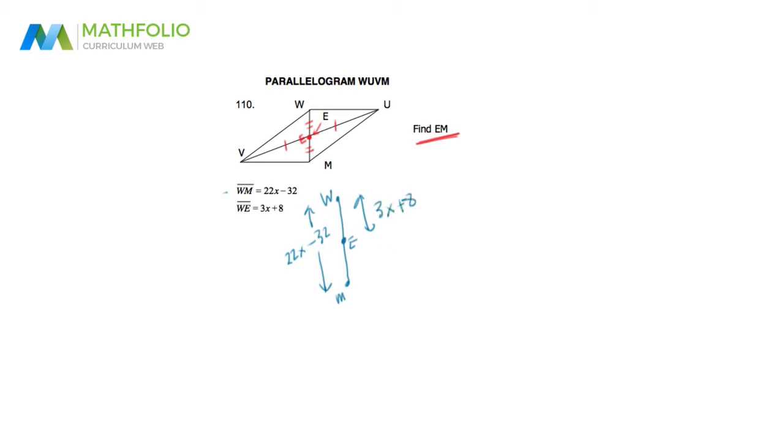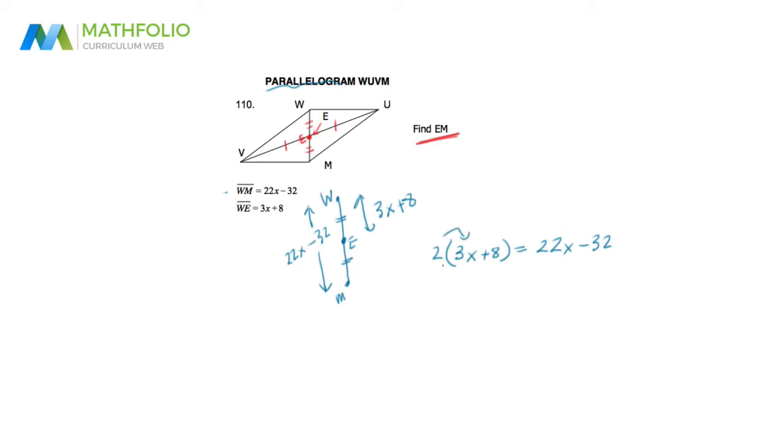So because we know it's a parallelogram, and we know this equals this, if we take the 3x plus 8 and double it, times it by 2, that should give us the whole length, which is 22x minus 32. So now it's a multi-step equation.